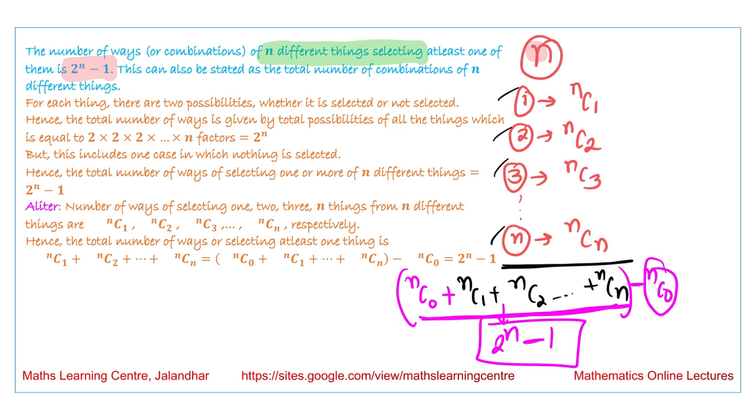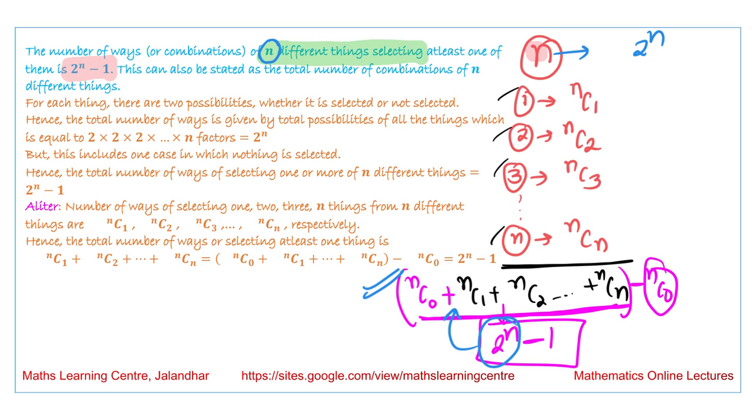Why is this 2 raised to the power n? This will be clearer when we do our next chapter on the binomial theorem. Or a similar result we have already proved in our first chapter when talking about subsets: the number of subsets of n different objects is 2 raised to the power n.